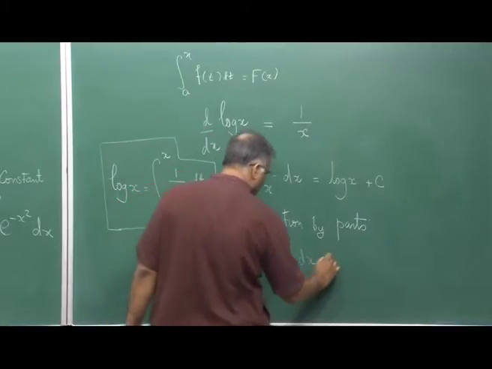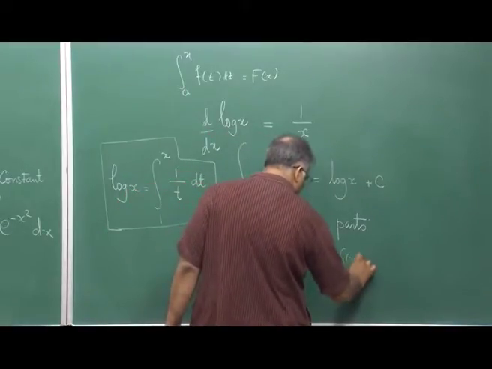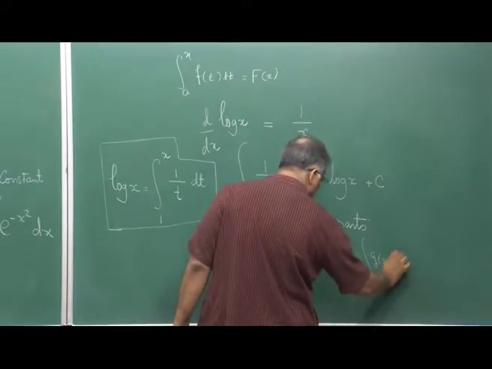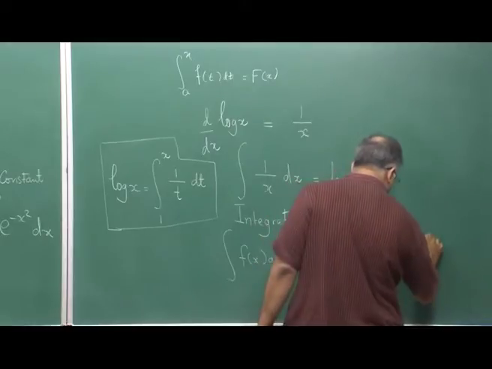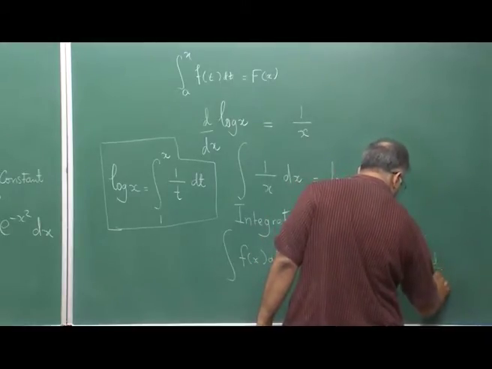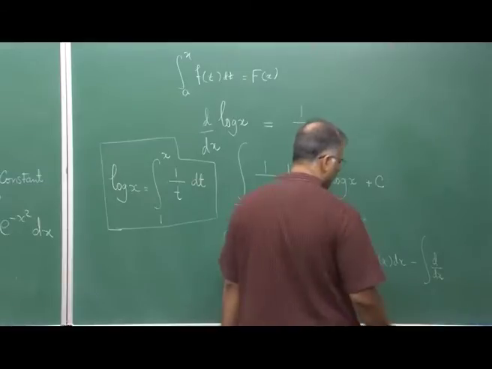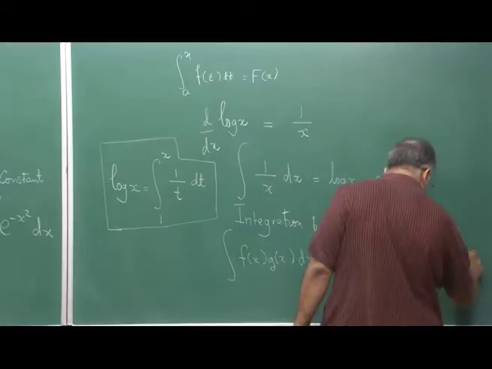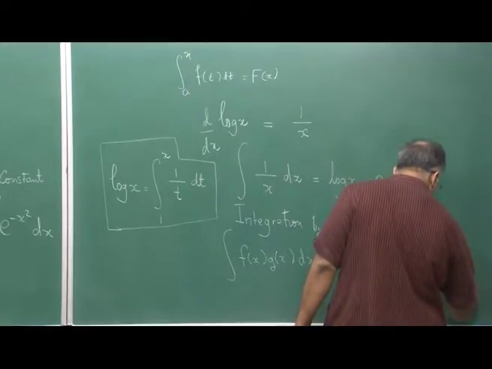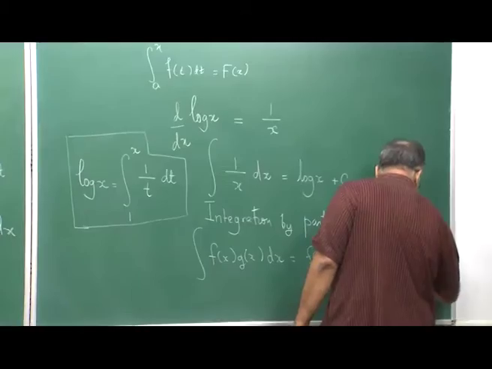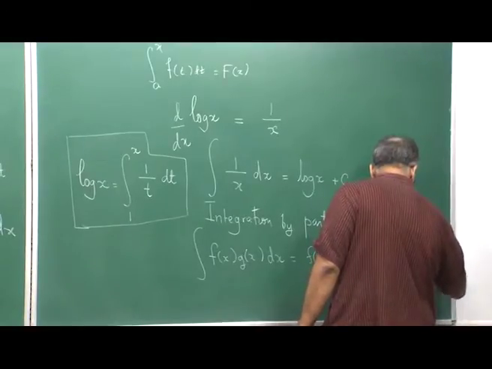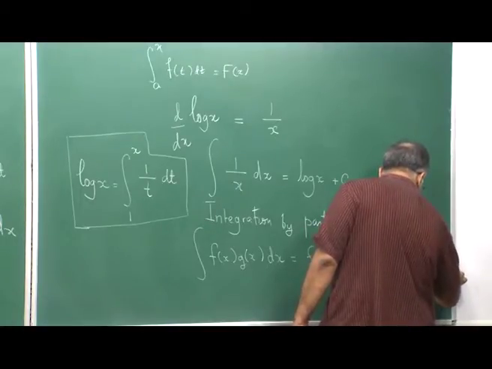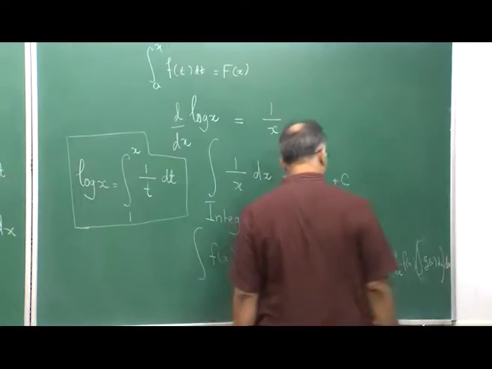So, what you do, you keep the first function fixed, integrate the second function, minus integrate, first you take the d/dx of the first function f(x), and then integrate g(x) dx. So, this whole thing with another dx. So, there are two dx's here, basically you integrate this, then you integrate that.